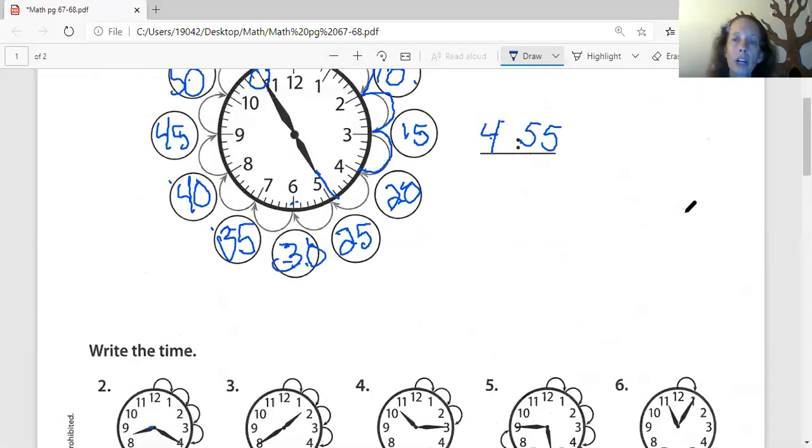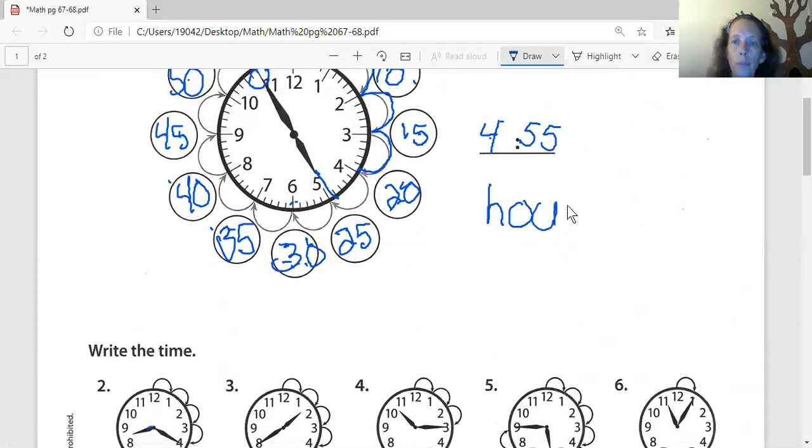Right down here, I want you to write something for me, okay? Write the word H-O-U-R. Okay? And then under it, right under the H, I want you to write the letter M. Remember these?